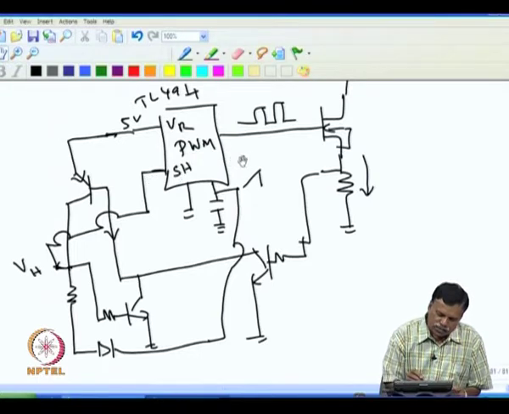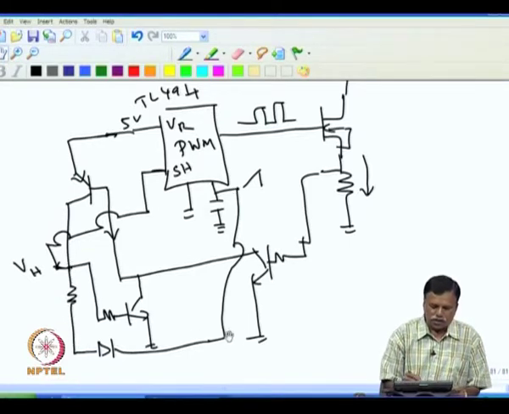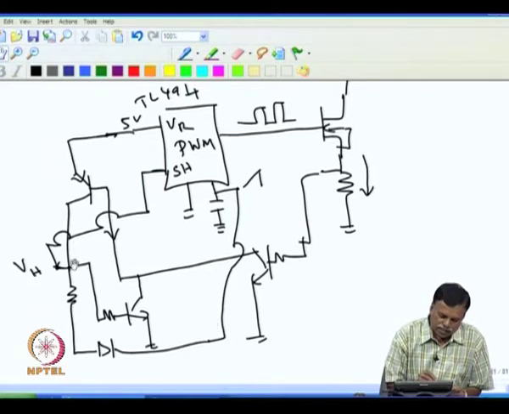But then once the voltage had gone high, this will be reset and it will go to 0. At that time this voltage also will be going through this, and we have to make this voltage drop to 0. That actually can be done by removing this.